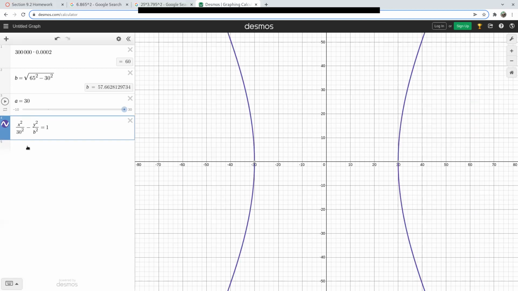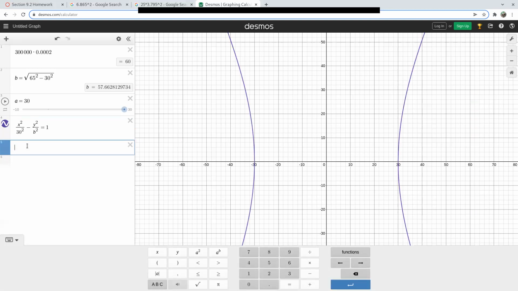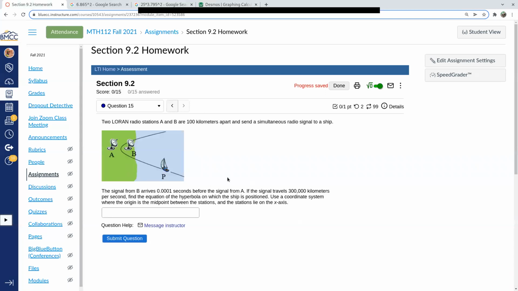And there should be a focal point for this, for example, on the right at 65, 0 would be one of the focal points. And again, I said my picture wasn't to scale, their picture probably wasn't to scale either, but that should be our scenario right there. And again, I picked different numbers than mine right here.